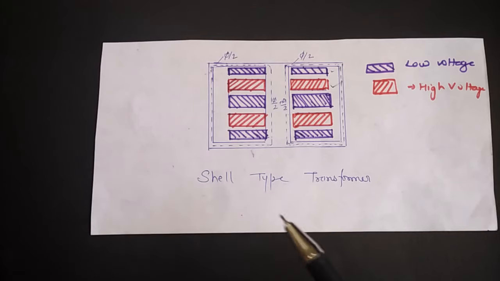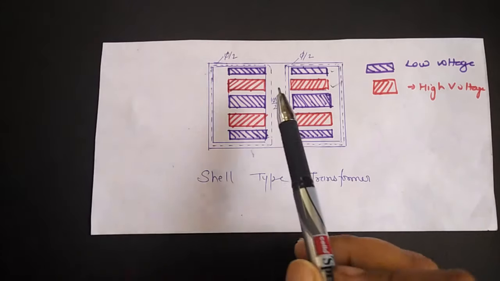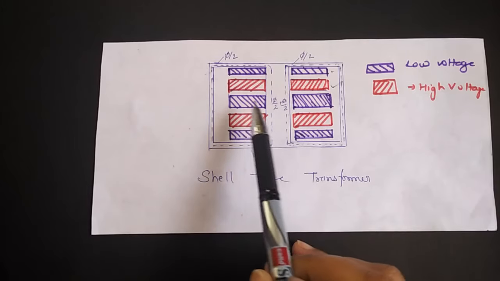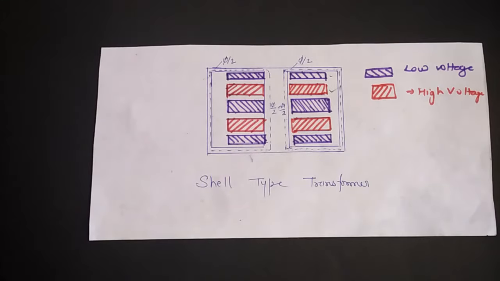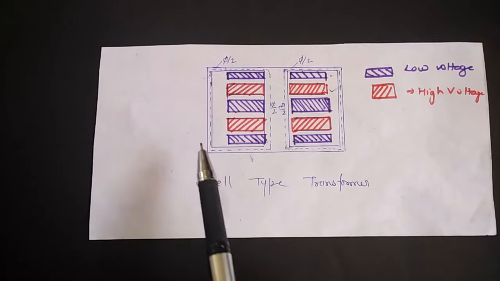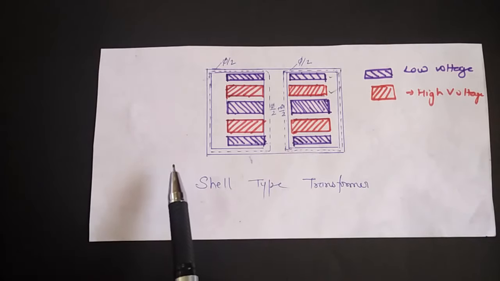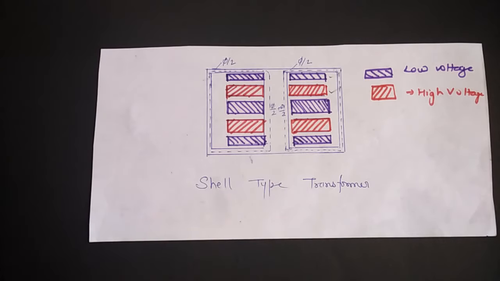In core type, the winding surrounds a considerable part of the core, and in shell type the windings are placed on the center leg to reduce leakage. Here the iron is surrounding the core entirely.